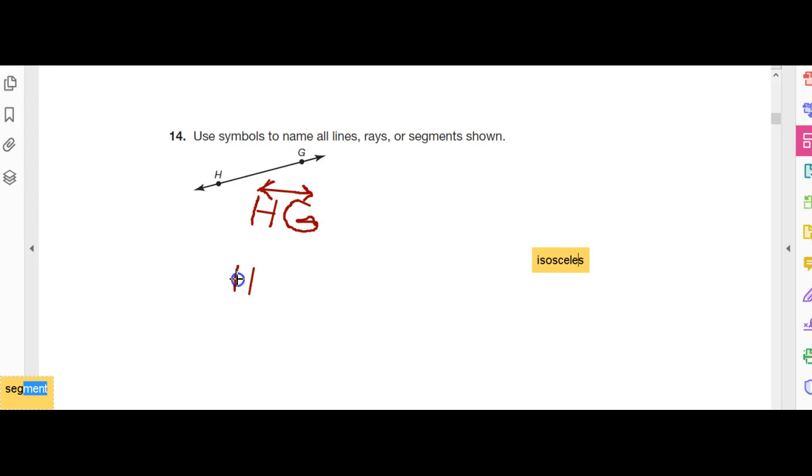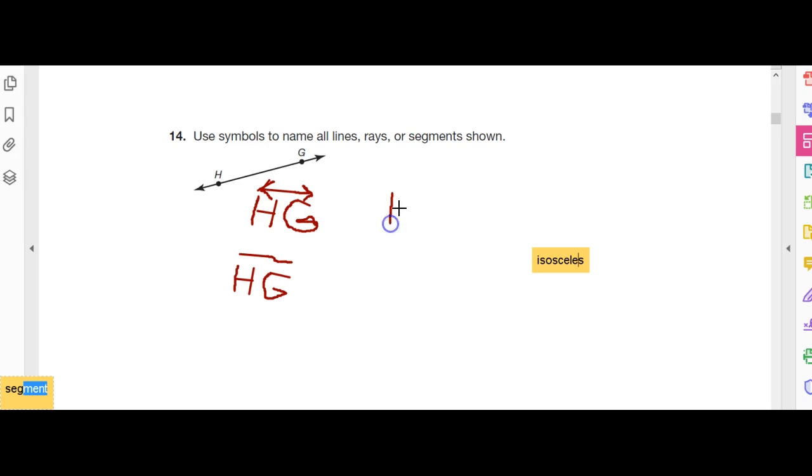So I've got segment HG. These are different now. Then I have ray HG, right?